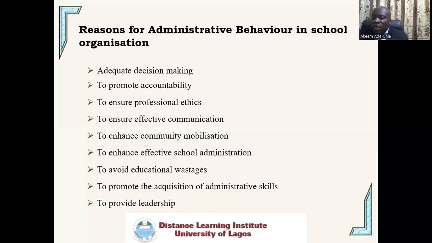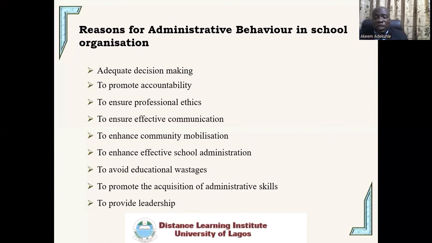Educational wastages, of course, in terms of repetition, in terms of efficiency, because it will also guard against internal inefficiency within the school system, and it also helps to avoid wastages that would have arisen as a result of inappropriate behavior that is exhibited by administrators within the school system.